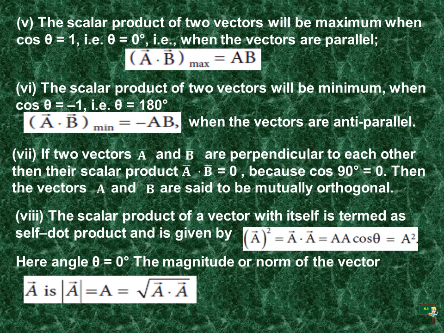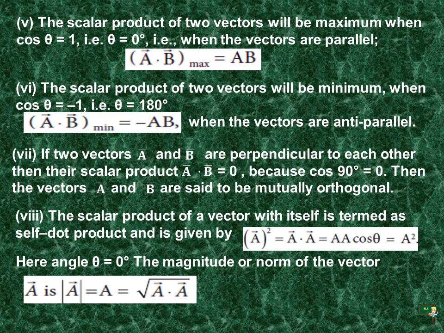Eighth one, the scalar product of a vector with itself is termed as a self dot product, and it is given by A vector the whole square is equal to A vector dot A vector. That means A into A cos theta, which is equal to A square.